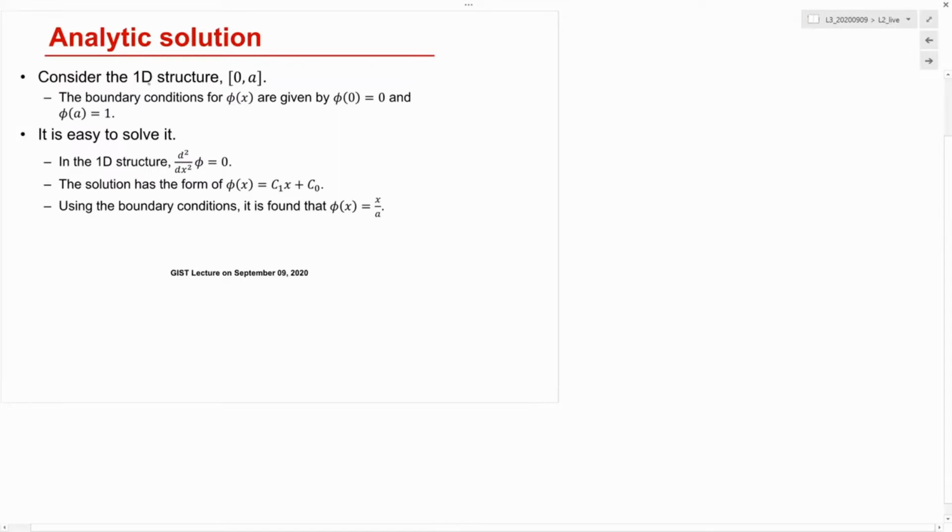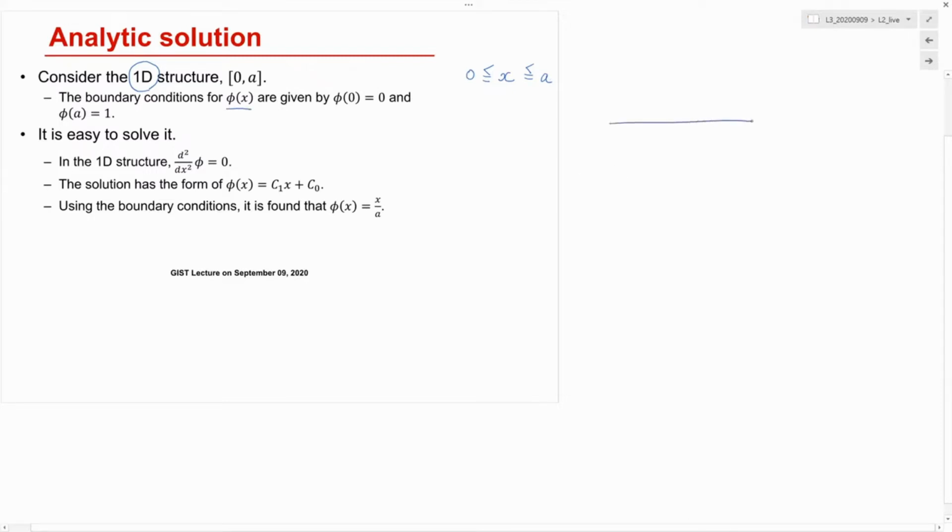Still, we will work on the simple 1D structure whose range is given by larger than 0 and smaller than a. And now our boundary condition should be supplied.